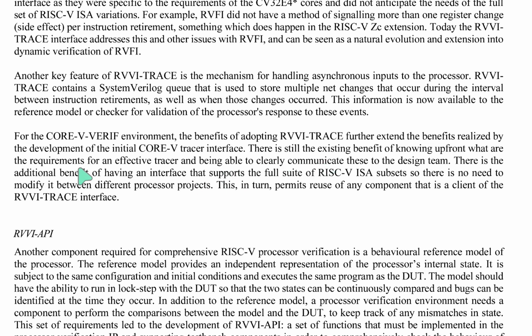There is additional benefit of having an interface to support the full suite of RISC-V ISA subsets, so there is no need to modify it between different processor projects. This in turn permits the use of any component that is a client of the RVVI-TRACE interface.